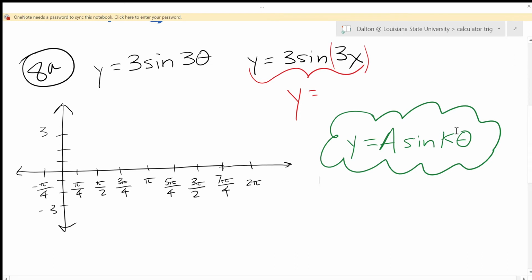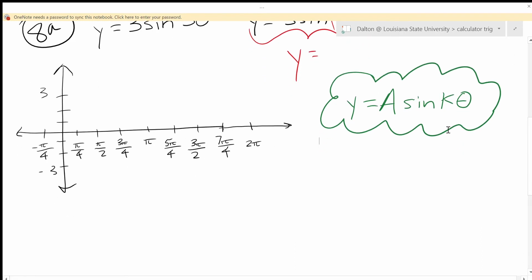Now, amplitude is what part of this, algebraically speaking? A, right? Particularly more than just A. What if that A were negative? There it is. Amplitude is the absolute value of A.